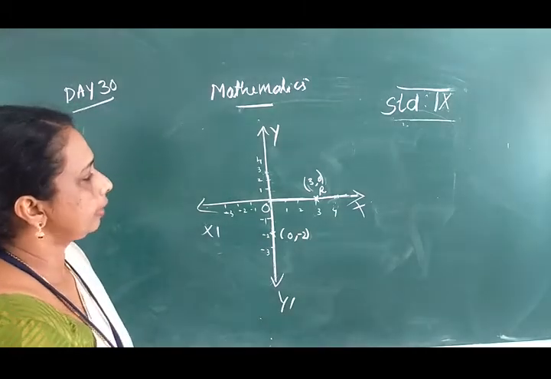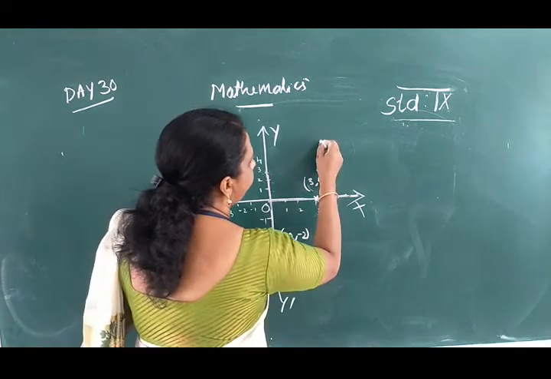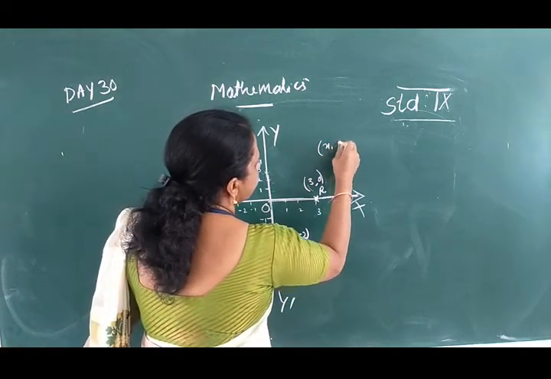So generally we can say that a point on the x-axis is of the form (x, 0), because its y-coordinate is 0.